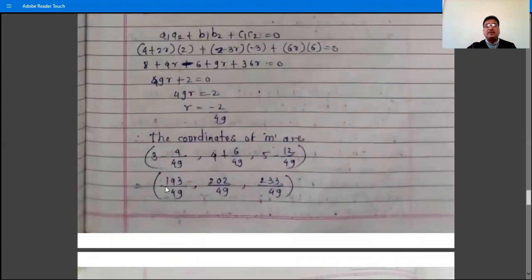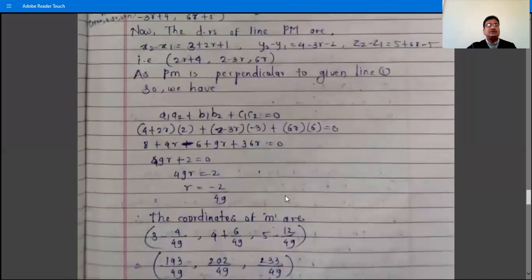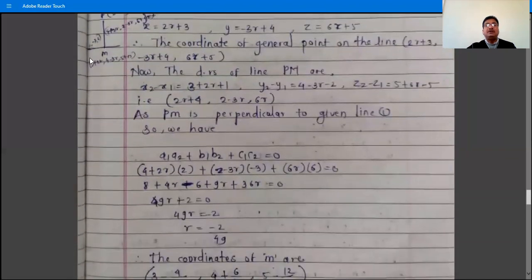After simplification, the coordinates of the point M are (143 by 49, 202 by 49, 233 by 49). These are the coordinates of the point M.